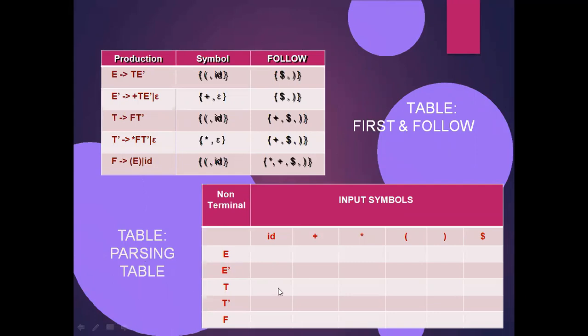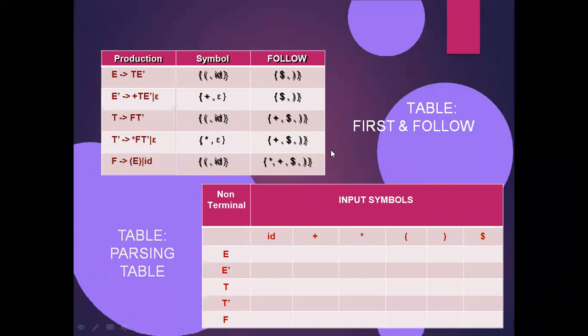And how to write or fill the cells in the table. See here, we get an output of the first function for each and every variable, and for the follow function. And here, we only take the follow of E dash and T dash, that means E dash is considered nullable and T dash is considered nullable. For these two only we consider the follow function.